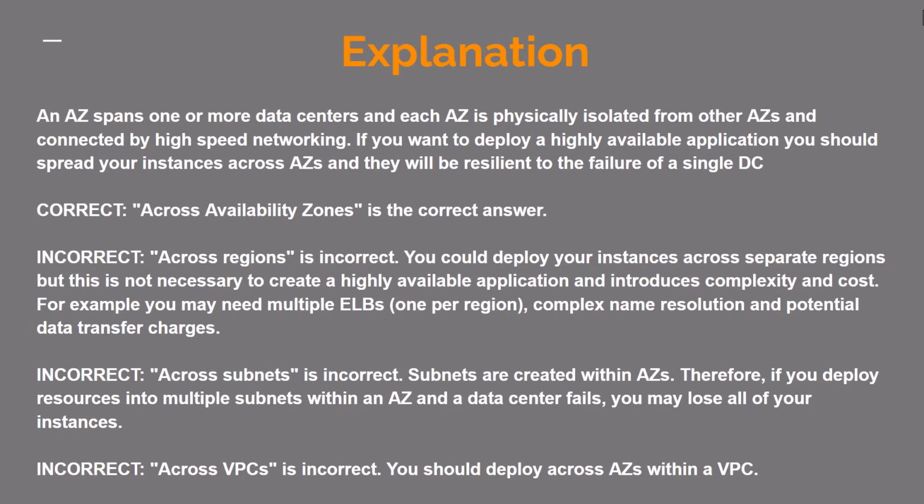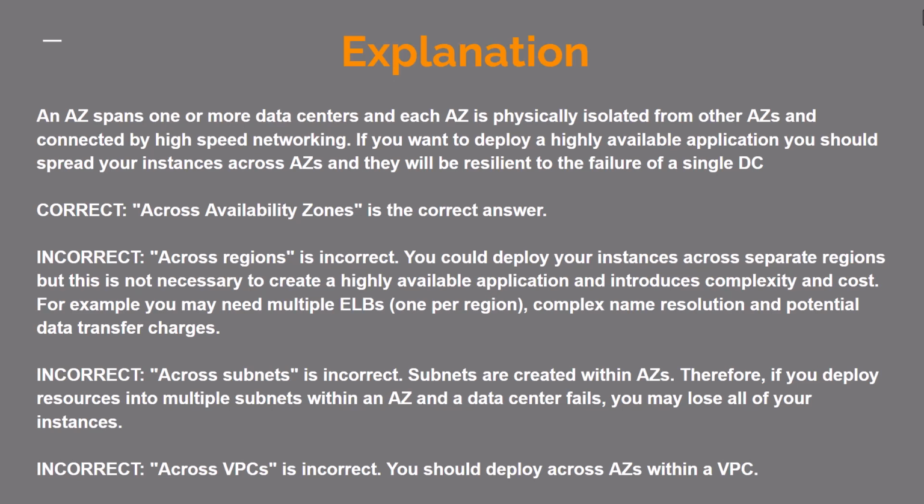Correct. Across availability zones is the correct answer. Incorrect. Across regions is incorrect. You could deploy your instances across separate regions, but this is not necessary to create a highly available application and introduces complexity and cost. For example, you may need multiple ELBs, one per region, complex name resolution, and potential data transfer charges.